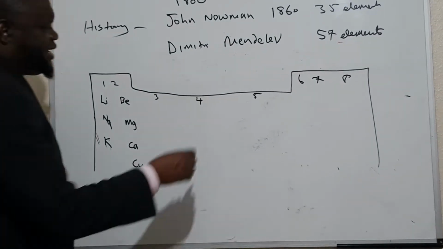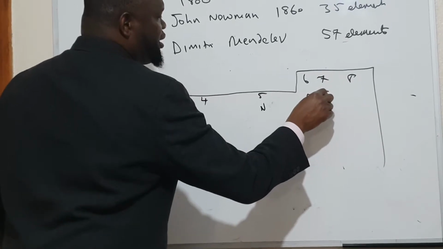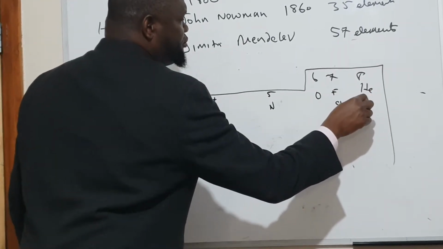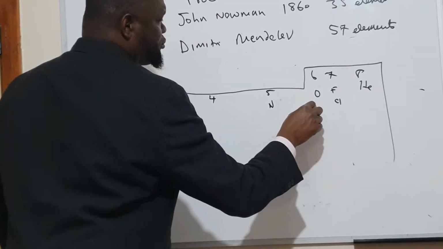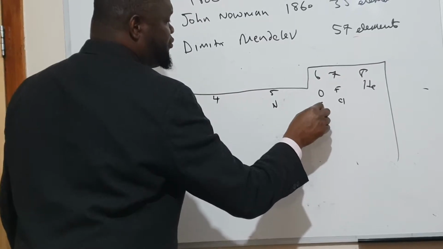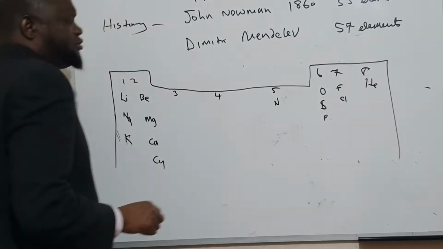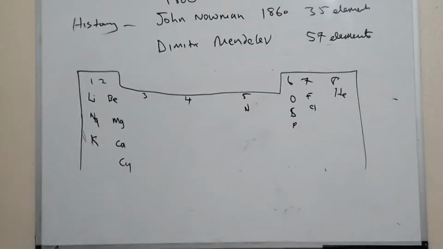Basically, here we have nitrogen, here we have oxygen, you have fluorine, chlorine, here we have helium, and neon, xenon, oxygen, sulfur, phosphorus. Okay? Now, we're going to look at these things closely.